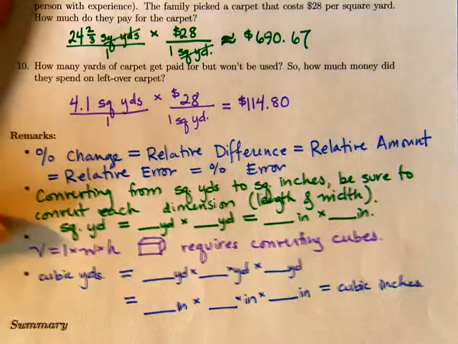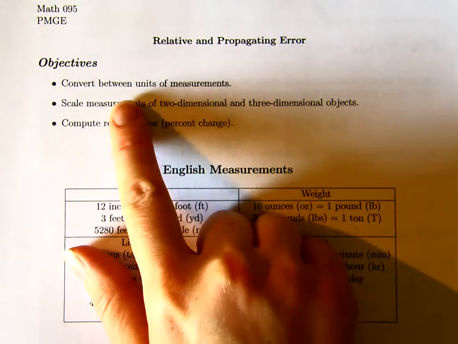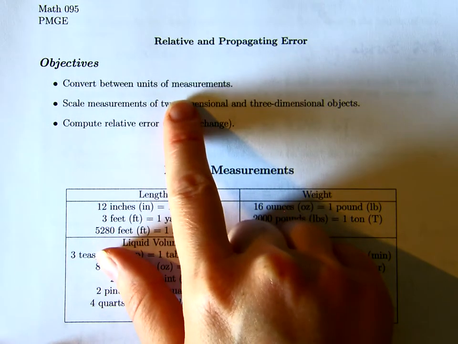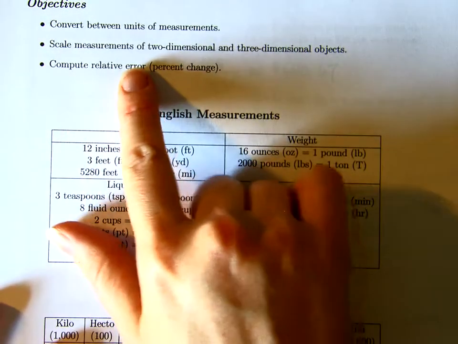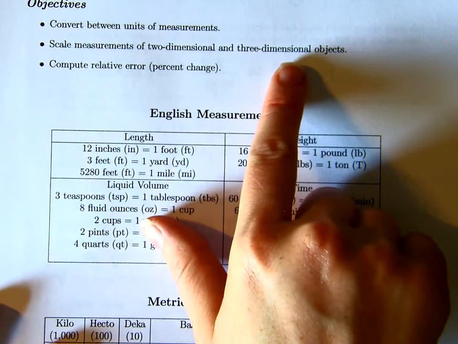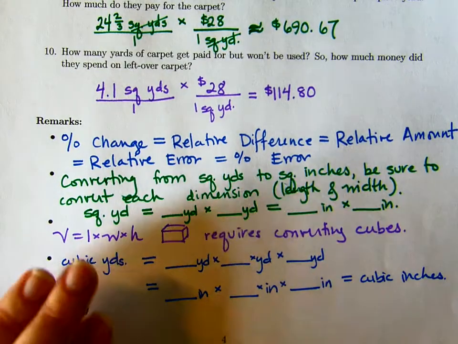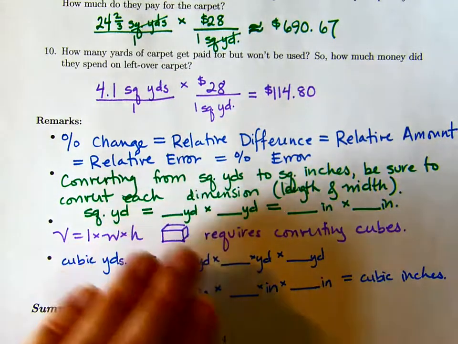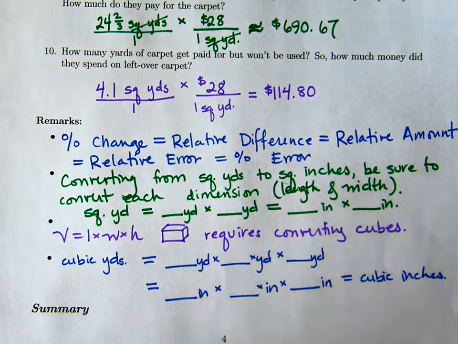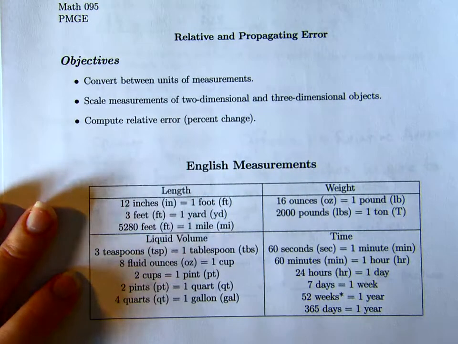So, a couple of things. Converting between units of measurements, of course. Scale measurements of 2-dimensional and 3-dimensional objects. So that's what this is all about. So from cubic yards into cubic inches, from square yards into square inches, etc. Make sure you do each one. And computing the relative error.